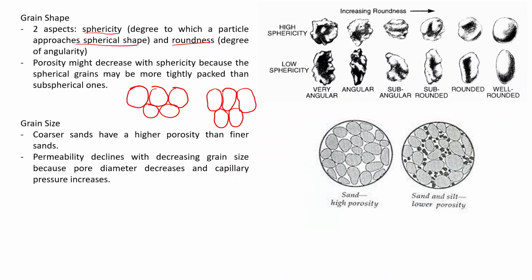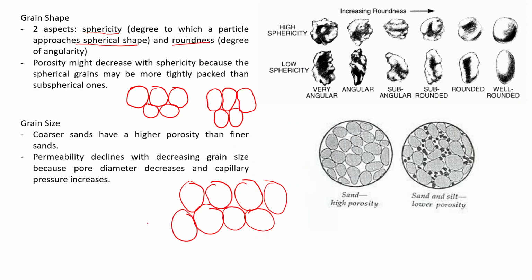The coarser sands are one of the best types of reservoir rocks, and they have higher porosity than finer sand. So we all are aware that if the grains are bigger, they tend to have higher porosity. You can see over here in this diagram, I don't need to draw it again.